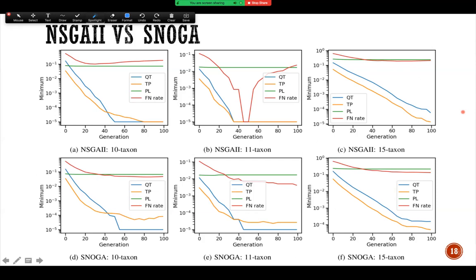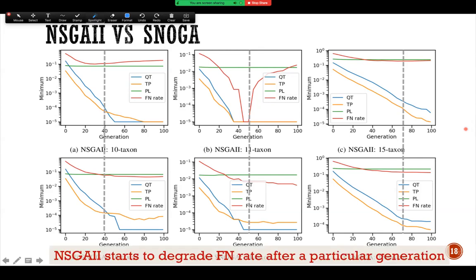Now we try to see the behavioral difference between NSGA-II and SNOGA. So we plotted the values of individual objectives and the FN rate across different generations. The top row shows the result for NSGA-II and the bottom row shows the result for SNOGA. We see that NSGA-II starts to degrade FN rate after a particular generation, despite the continuous improvement of one or more objective values.